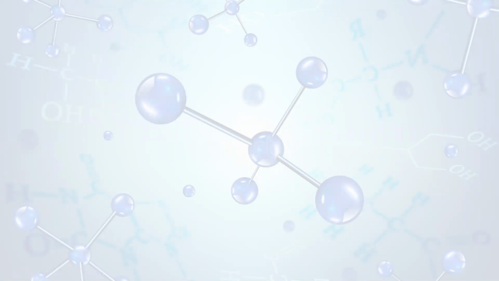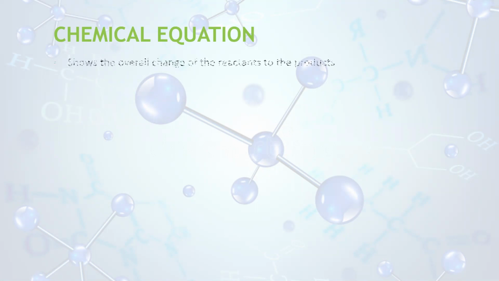Let us start with the chemical equation. What is a chemical equation? A chemical equation shows the overall change of the reactants to the products. As you all know, reactants are the substances which undergo reaction, and the result of the reaction is the product.